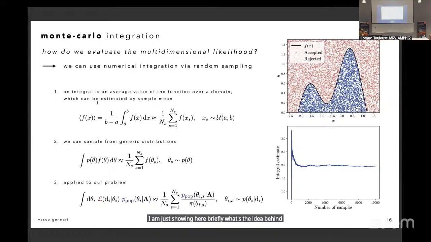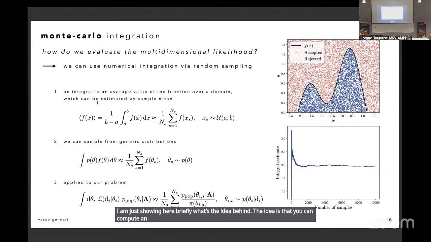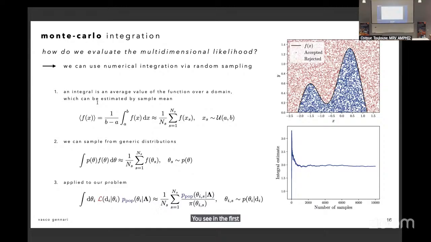The idea is that you can compute an integral, as you see in the first equation, as the sample mean of the function evaluated on a collection of samples drawn from a uniform distribution.